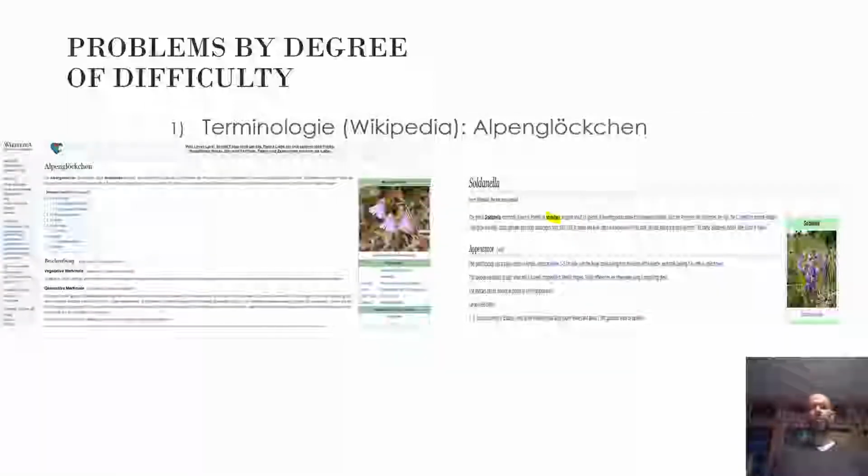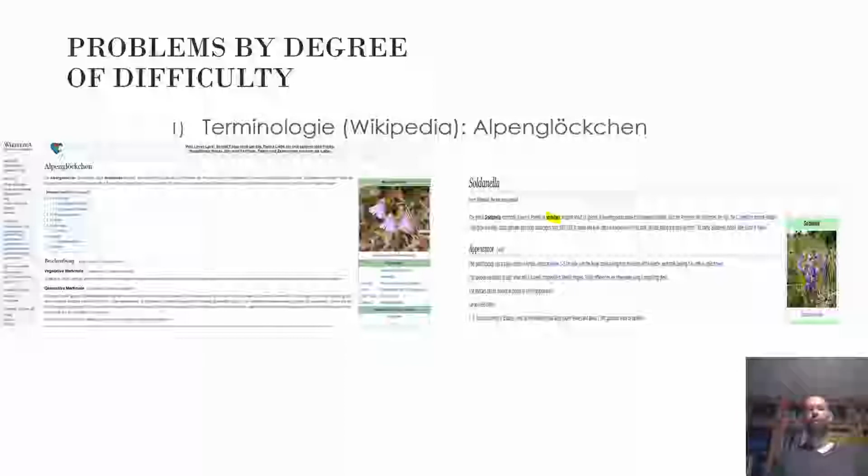Now, what may be slightly more difficult is terminology like Alpenglöckchen. Here we can use Wikipedia quite fruitfully by simply consulting the German entry for Alpenglöckchen, and then clicking at the bottom of the left-hand column, and we will then be redirected to the English version of Wikipedia, where we find that this soldanella, that's the formal term, is commonly known in English as snowbell.